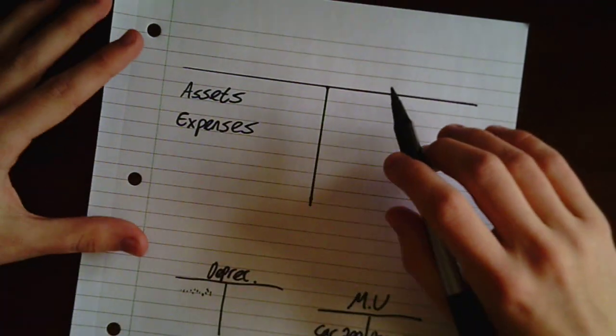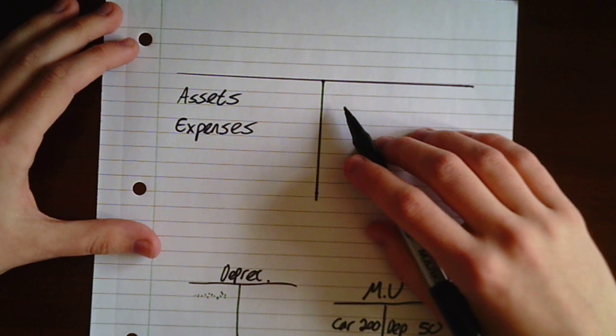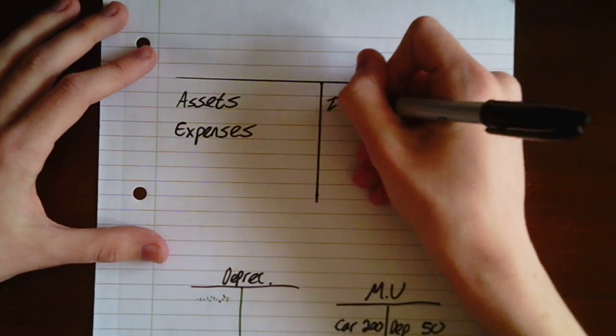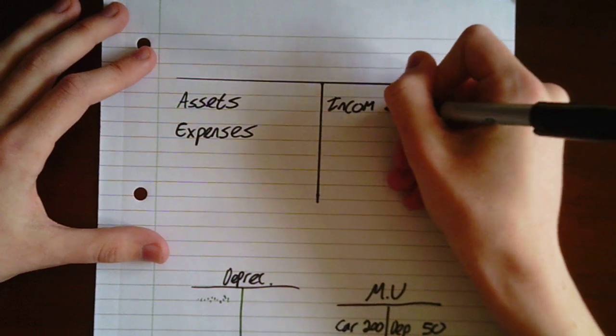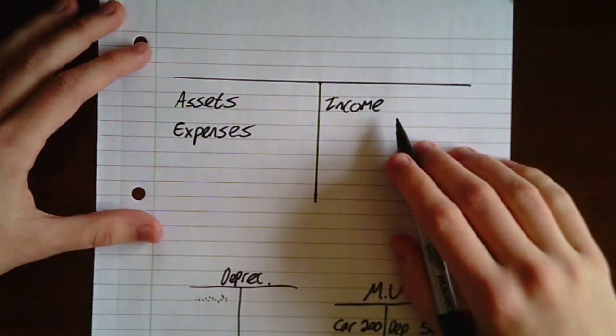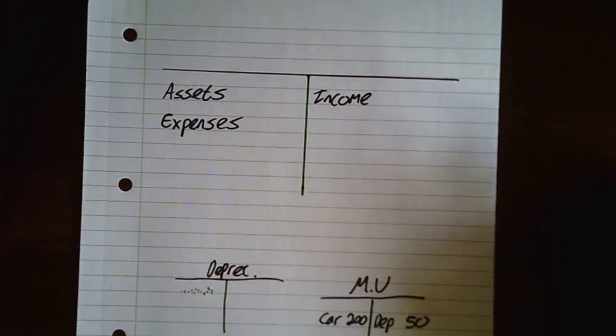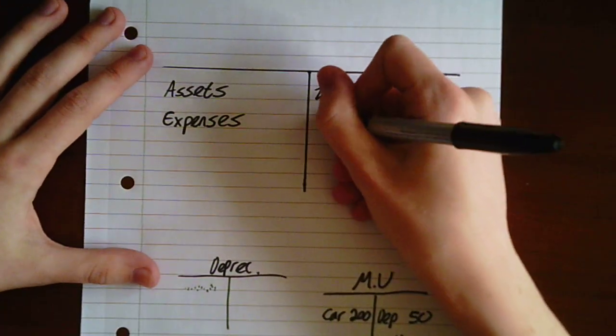So what goes up on the credit? Well, one thing I mentioned was sales, which is an income. So rent received, stuff like that, will go up on the credit. Another thing, very simple, the opposite of assets: liabilities.